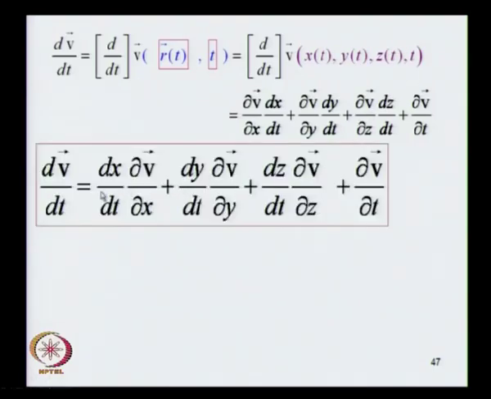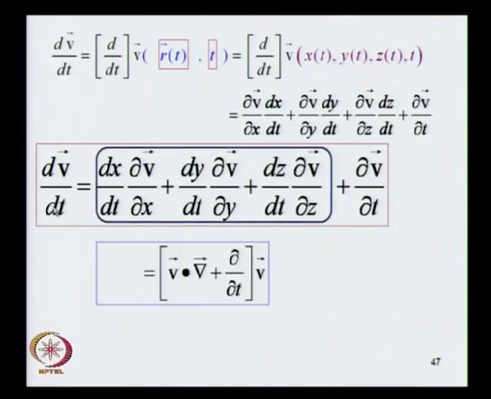So, here you have these 1, 2, 3 and 4 terms which give you the acceleration of the liquid. And if you look at what is inside this loop here, if you just look at these 3 terms, then you can write this in a rather simple form, which is v dot del operating on the velocity, and the fourth term is the partial derivative operator del by del t, which is here operating on the velocity.